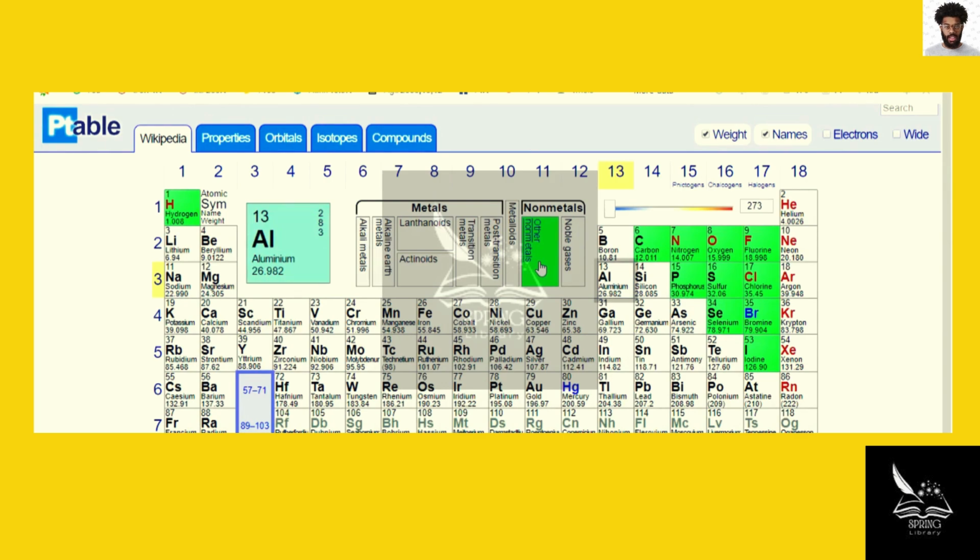So other than noble gases, the non-metals, which include these green elements here, that is carbon, nitrogen, oxygen, fluorine, then phosphorus, sulfur, chlorine, then selenium, bromine, iodine. And here we have also hydrogen. So these green marked elements, or this region and this hydrogen here, all these green marked elements will be able to have both positive and negative oxidation numbers.